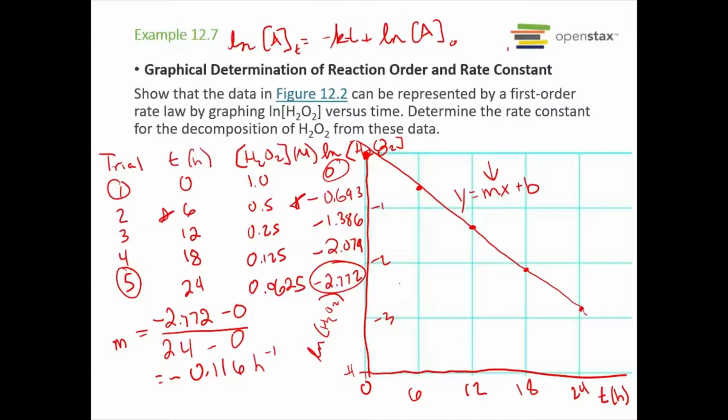So that means multiply this times negative 1. K now is equal to 0.116 inverse hours. Now we have our rate constant for our reaction.